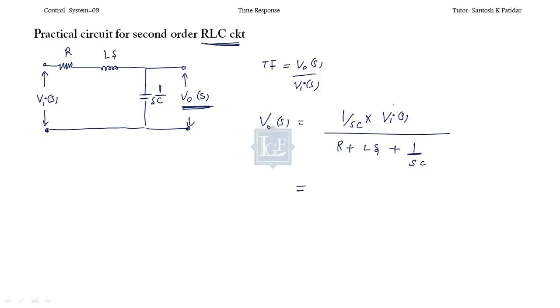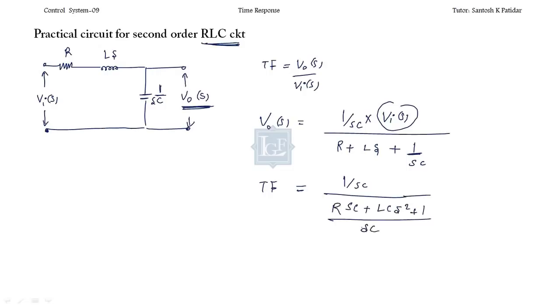You can take this Vi to this side to make a transfer function. This will be 1 by SC. Here it will be RSC plus LCS square plus 1 divided by SC. This SC will cancel out, and you'll be having LCS square plus RCS plus 1.